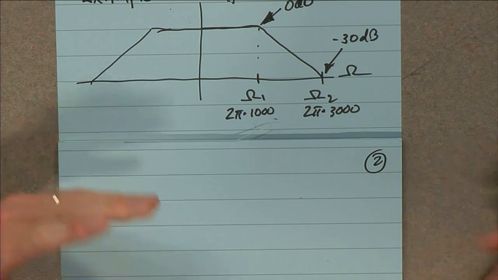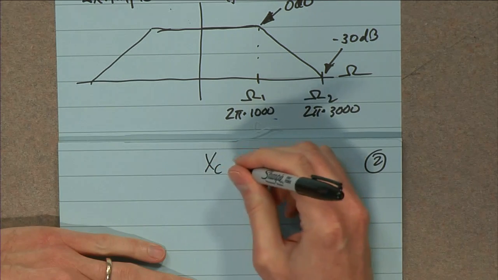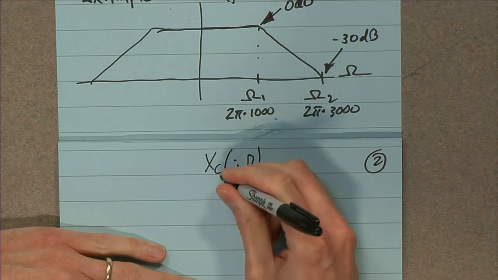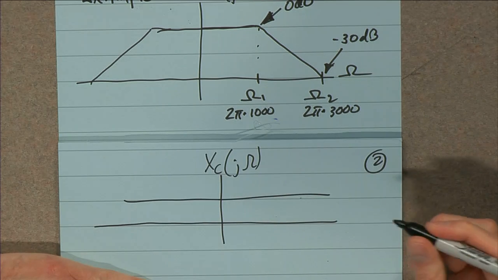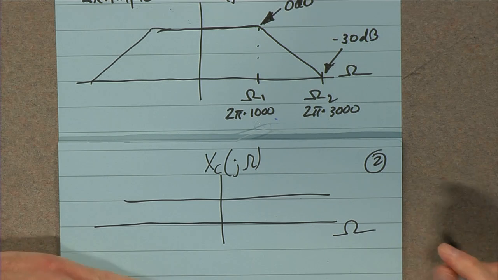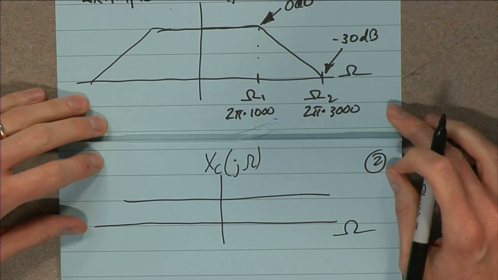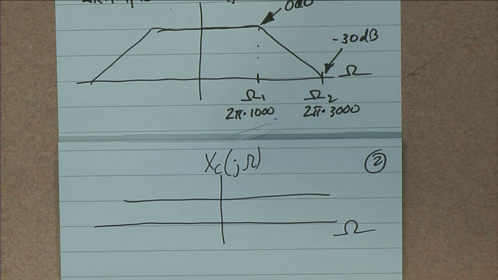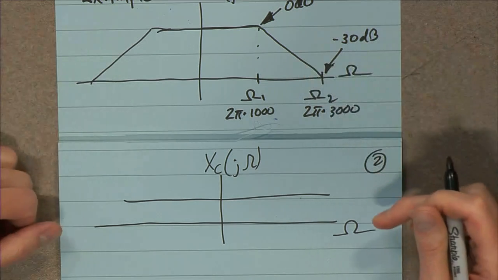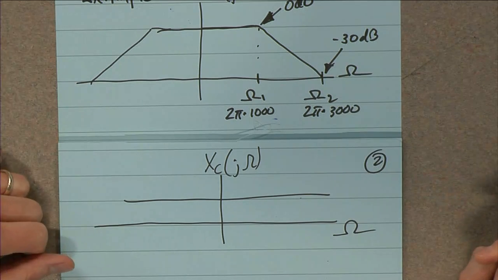So we're going to suppose we have an X_c(j omega). This is just for the purposes of thinking about what's happening, because you don't usually have total control over what appears at the input to your A to D. If you did, you wouldn't need an anti-aliasing filter. So worst case, a super broadband noise signal.